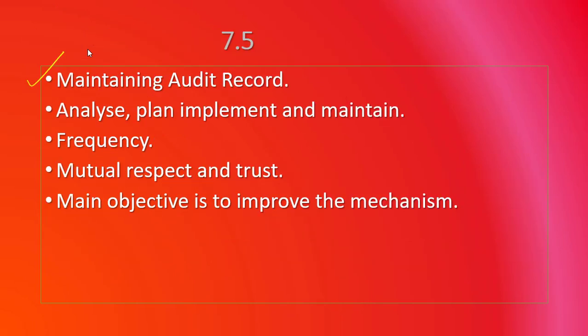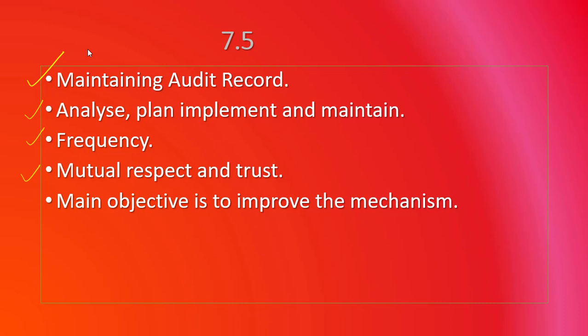Maintain the audit record, analyze, plan, implement and maintain, frequency, mutual respect and trust. The audit record must be maintained. The department has the responsibility to analyze the report, plan action, implement action and maintain records. Frequency of audit is a minimum of once in every semester, that is good.